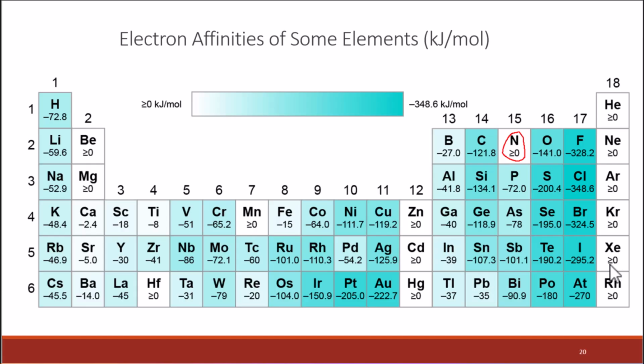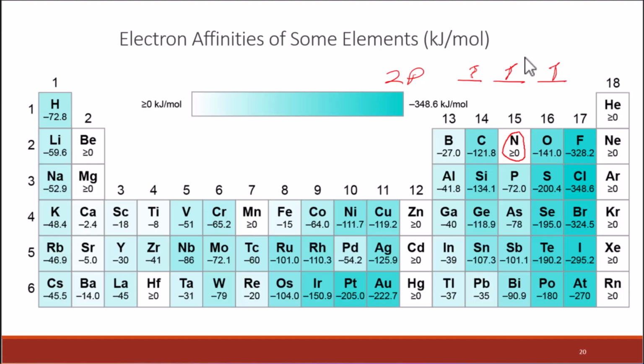Most notably, look over here at nitrogen, which has an electron affinity greater than or equal to 0. You might remember that the reason for that is that for nitrogen, you've got this 2p subshell, and it is half filled.